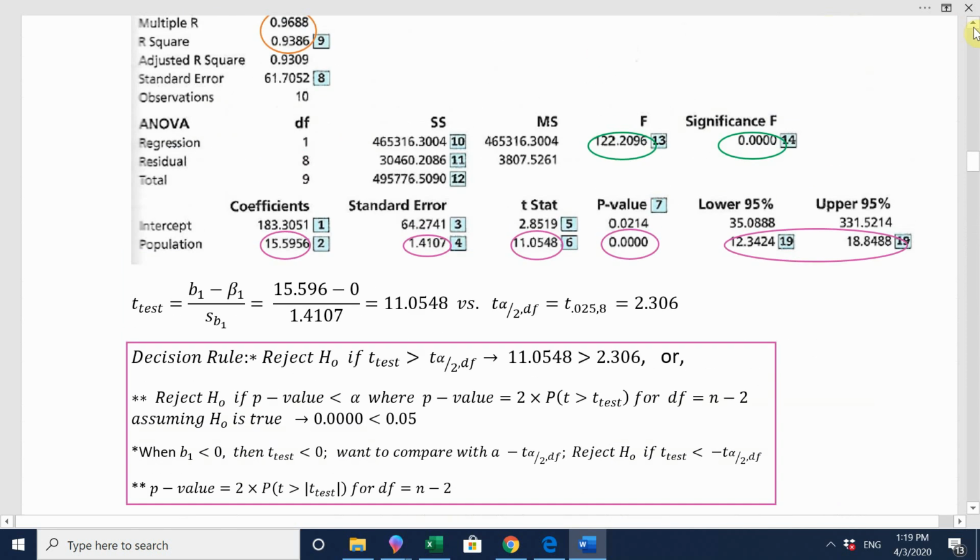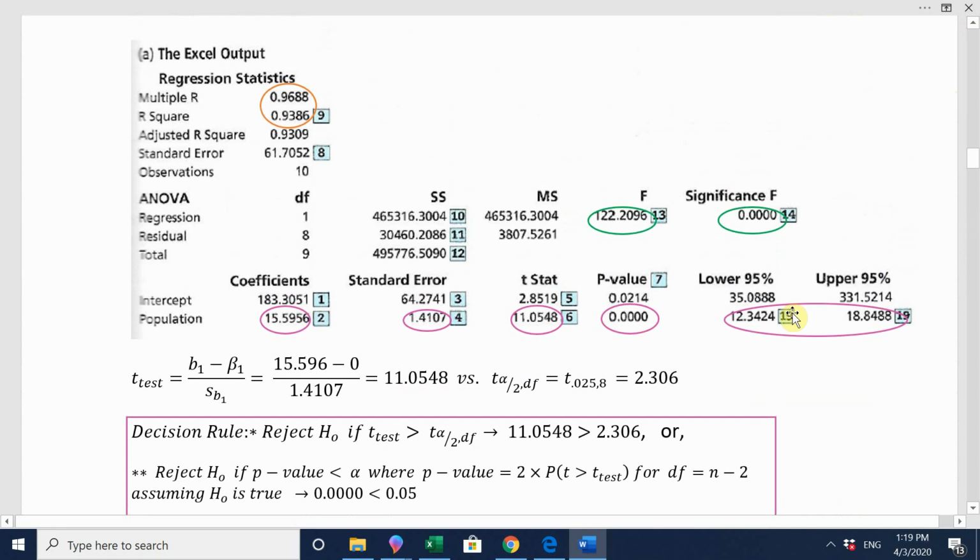Yes, here we are. So this is the Excel output that we have right here. And if we look carefully in the ANOVA section, otherwise known as the analysis of variance section of the regression analysis, this section contains the sum of squares for explained, unexplained, total variation, but we also have the F-test value.